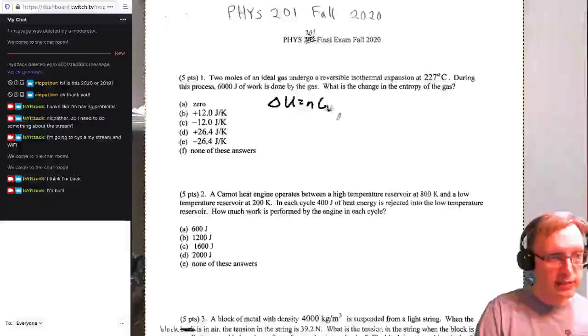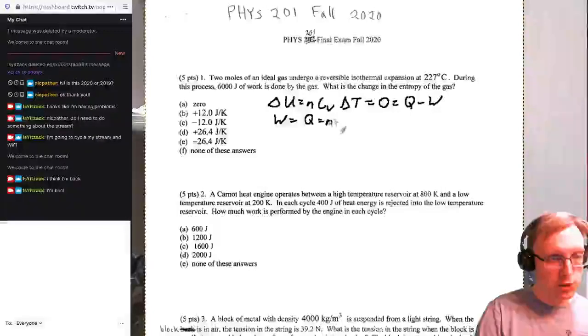equals n Cv delta T. Being isothermal, this means that this is equal to 0. Delta U equals Q minus work. Therefore, the work is equal to Q, right? Yes.